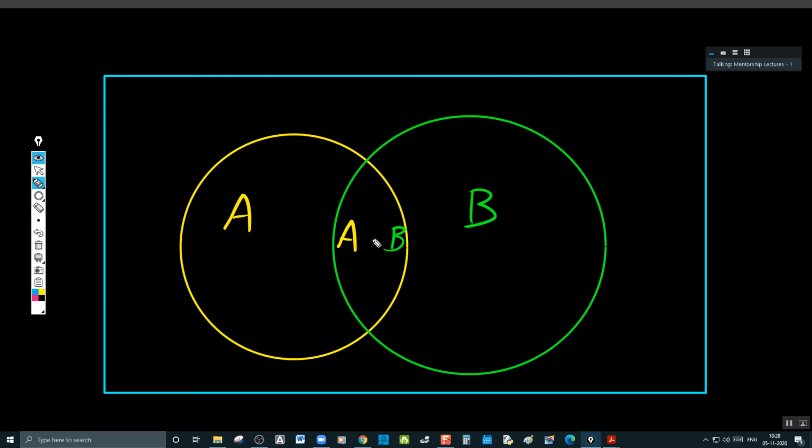The intersection symbol is denoted like this, an inverted U. This is the intersection symbol. A intersection B.